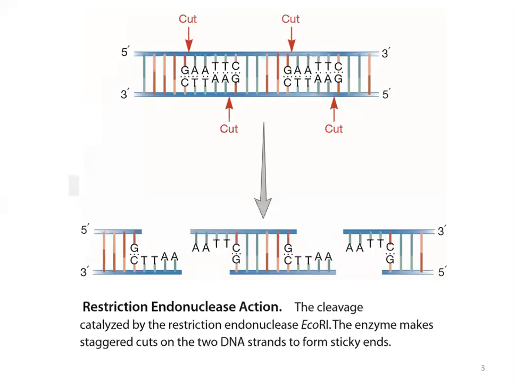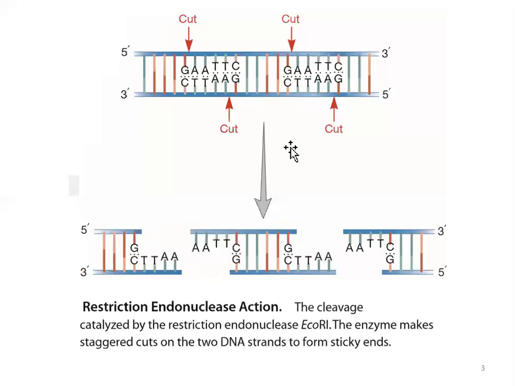These endonucleases are the enzymes that cleave the phosphodiester bond within a nucleotide chain and produce some sticky ends. Here you can see if it will cleave the DNA from here and from the other strand here, and then the hydrogen bonds from here break, and as a result a fragment is formed.